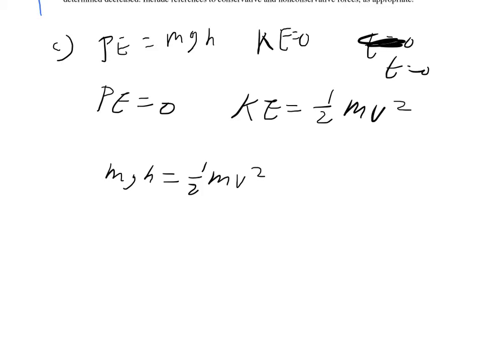And now the m's go away, and then it's 2gh equals v squared. However, this v is v final at the end when the cart arrives at the bottom of the incline.